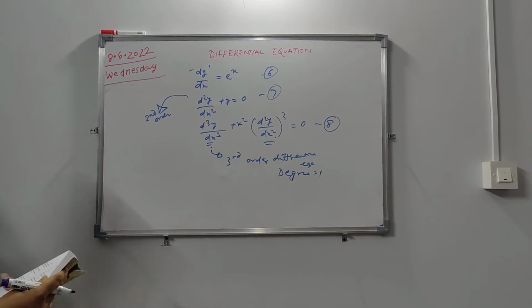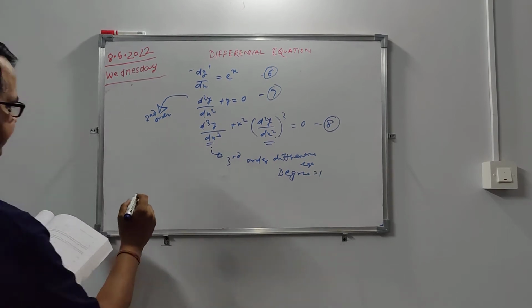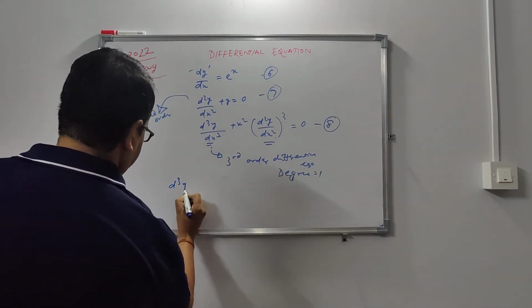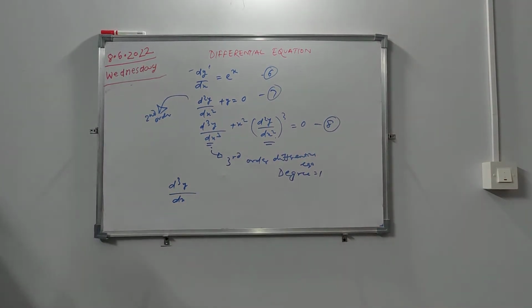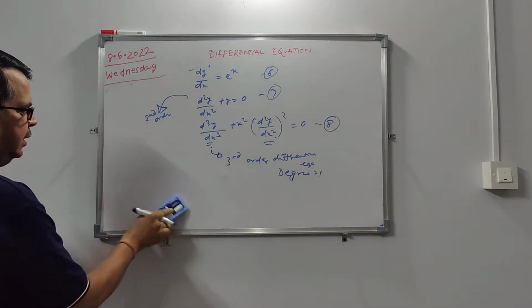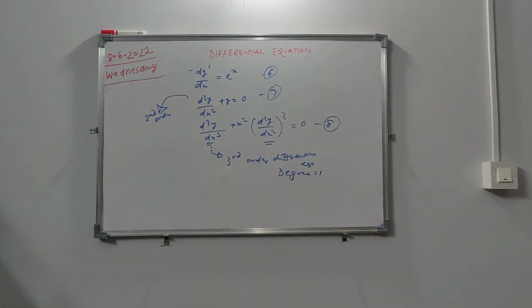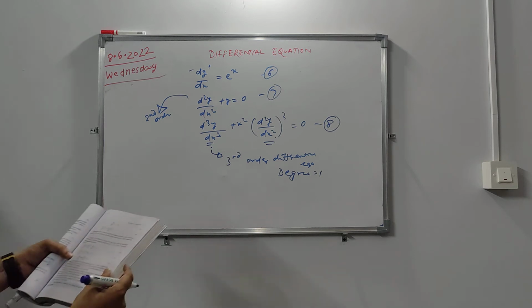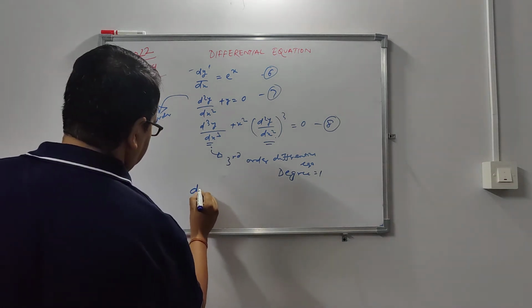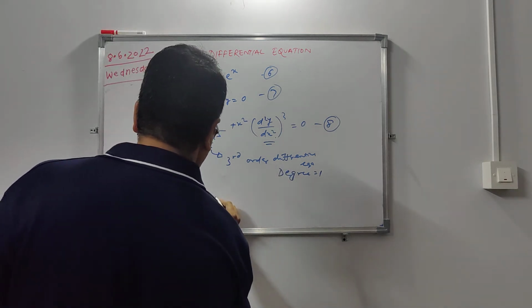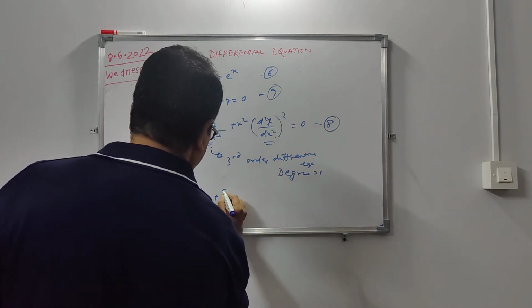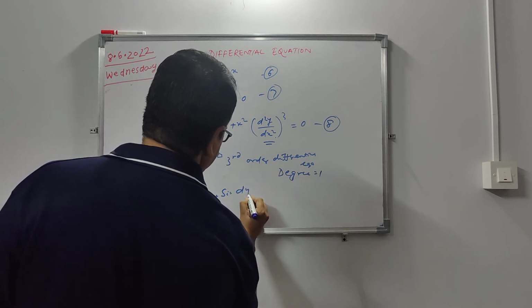There are some more equations like d cube y by dx cube, where you can find the order and degree. But there is one equation where you cannot find the degree. If the derivative is associated with e power x or sin x, then the degree is not defined. For example, dy by dx plus sin of dy by dx.